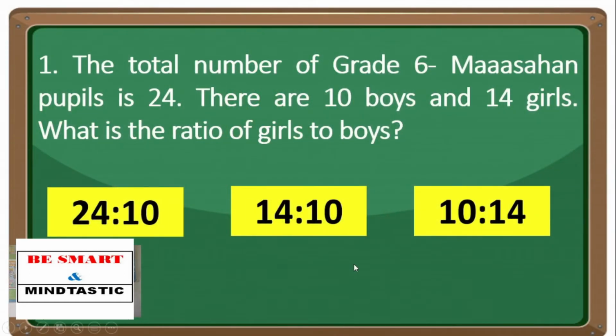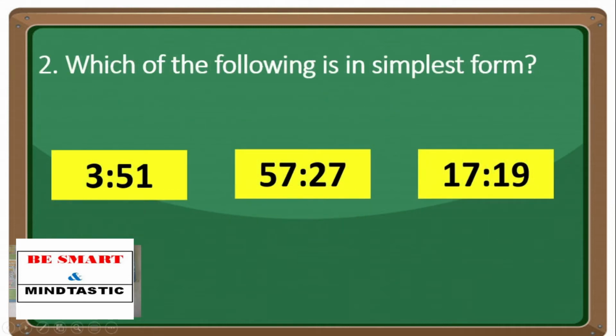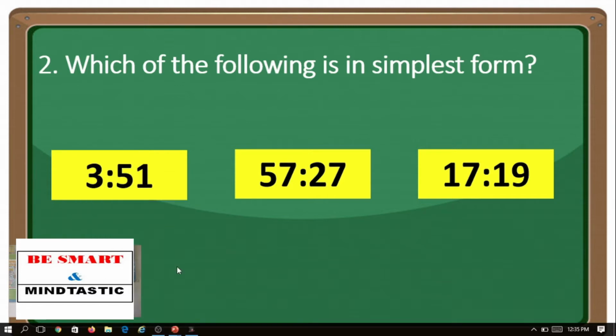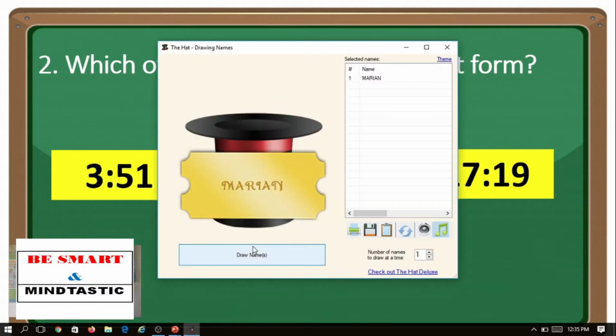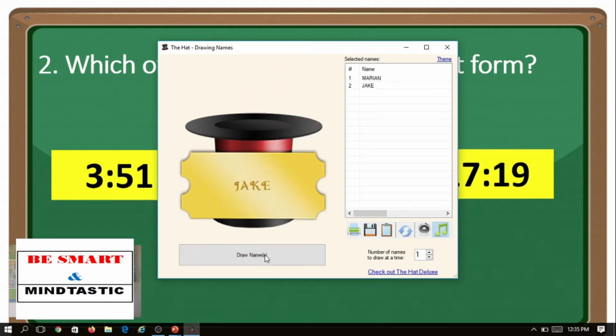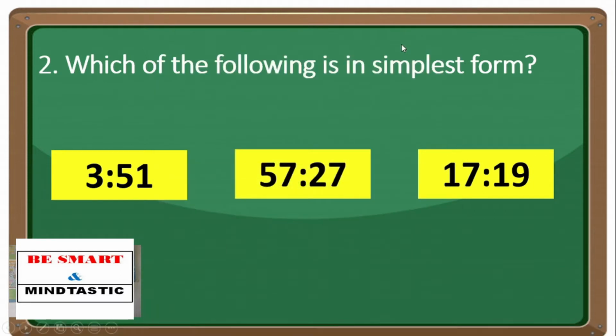Okay, let's have question number 2. Let us draw a name again. It's you, Jake. So this is your question. Which of the following is in simplest form? 3 is to 51, 57 is to 27, or 17 is to 19.